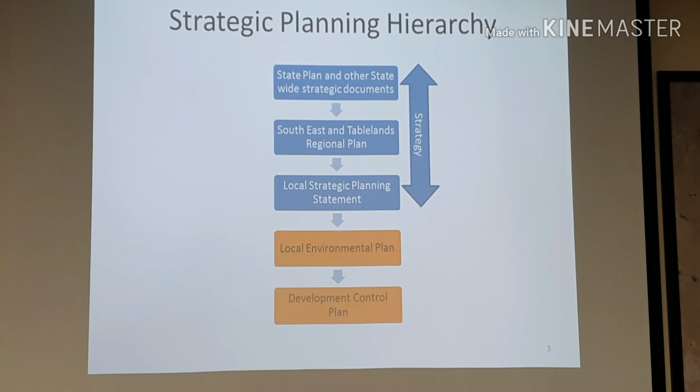There are strategy documents, and then later on will come the local environmental plan and development control plan, which are our implementation documents. Up until recently, there's been a missing link with the local strategic planning; it hasn't been required, but other councils have previously done that, and it's very important in showing that line of sight from a statewide strategic document down to the local level.